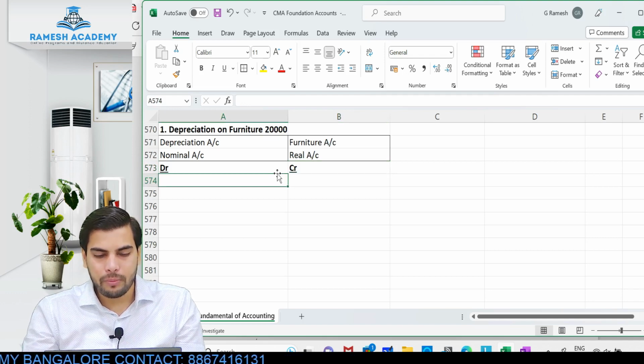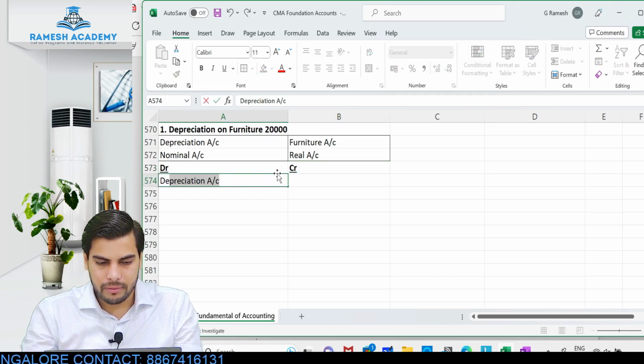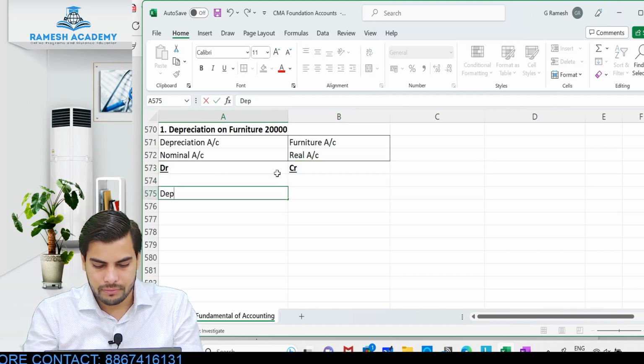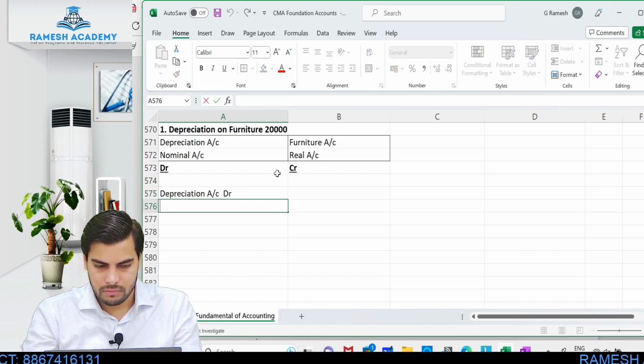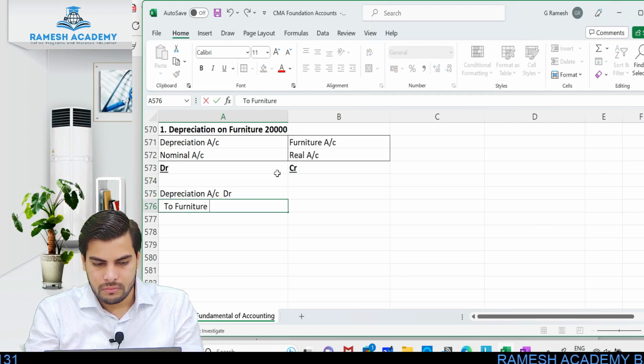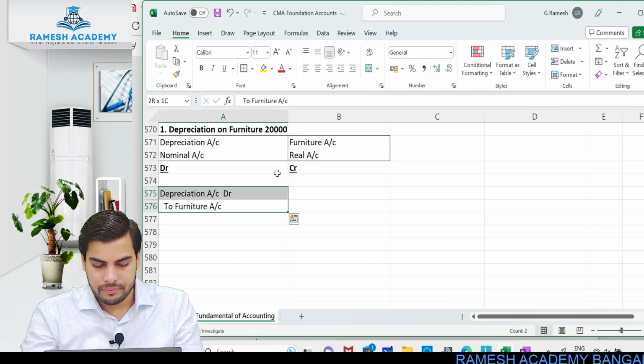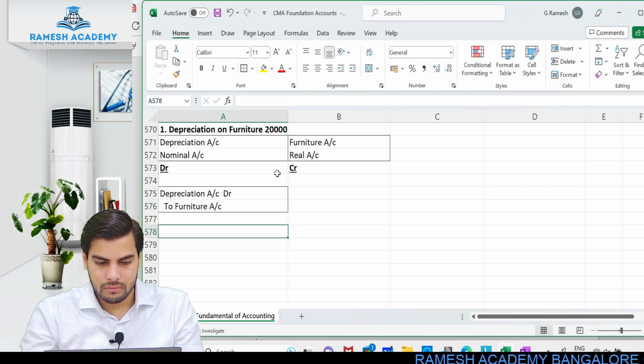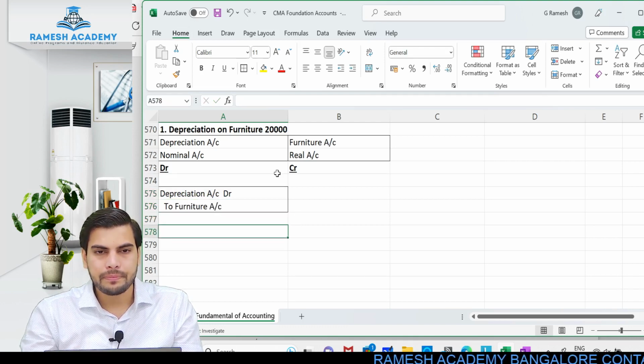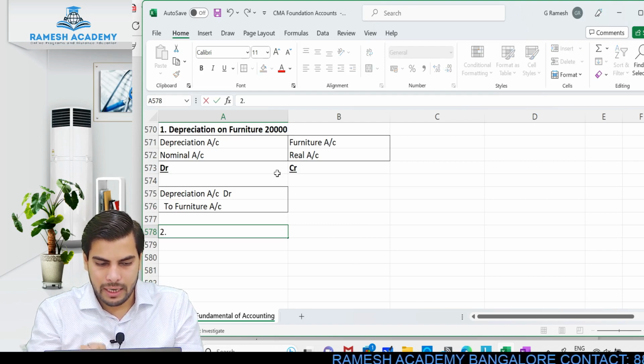The journal entry would be: depreciation account debit, to furniture account. Is this clear? Let's talk about the next transaction.